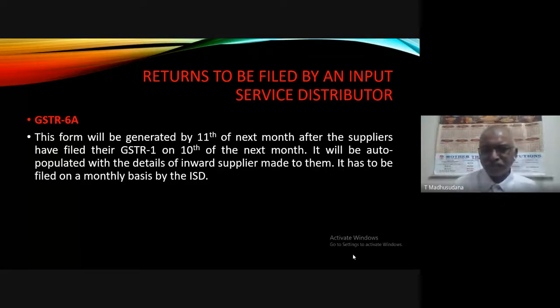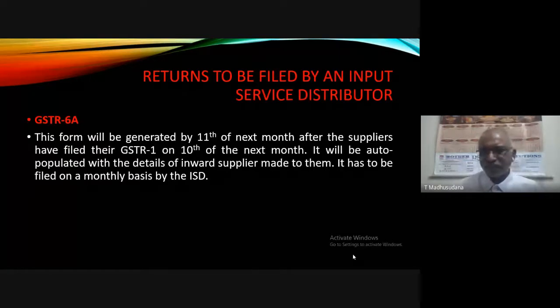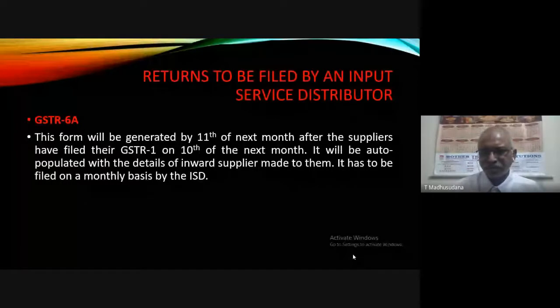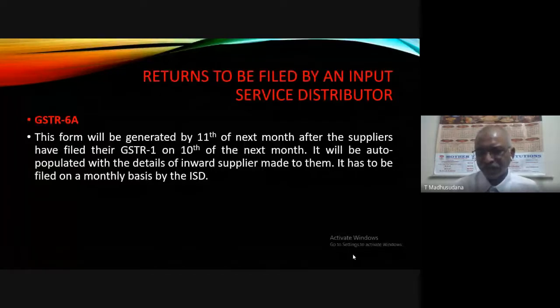Whatever purchases were made by the input service distributors, all the details are available in GSTR 6A. It has to be filed on a monthly basis by the ISD. ISD means input service distributor.